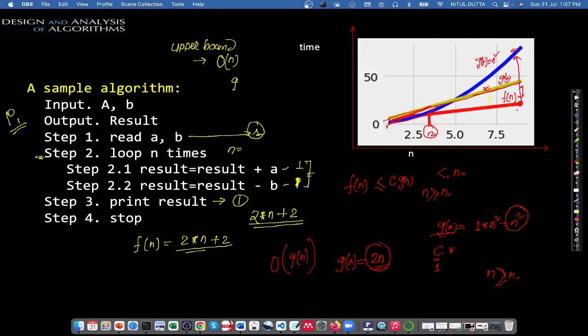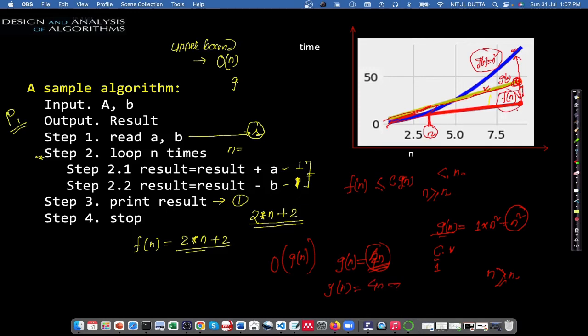That means it can be considered an upper bound. So out of these two functions, g(n) equals n square and g(n) equals twice n, thrice n, or let us say 4n, if 4n is this function, then g(n) equals 4n is a better choice to be the upper bound for this function.